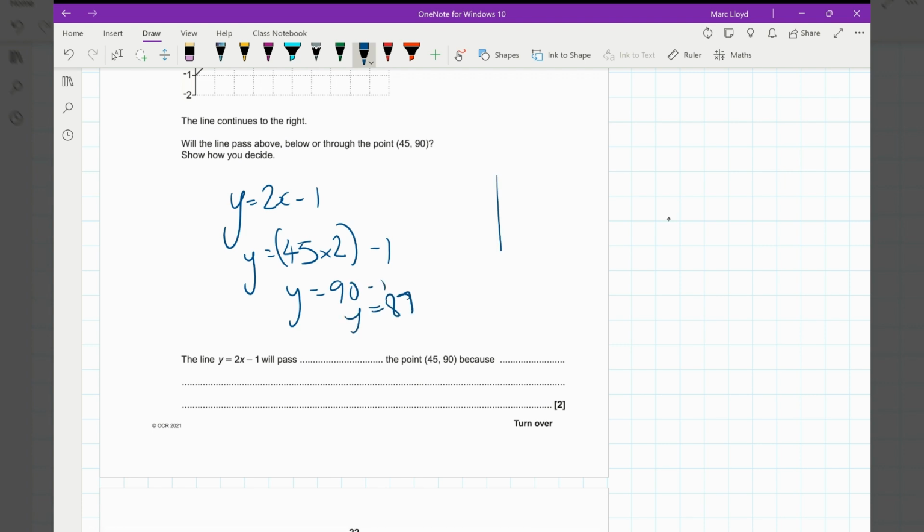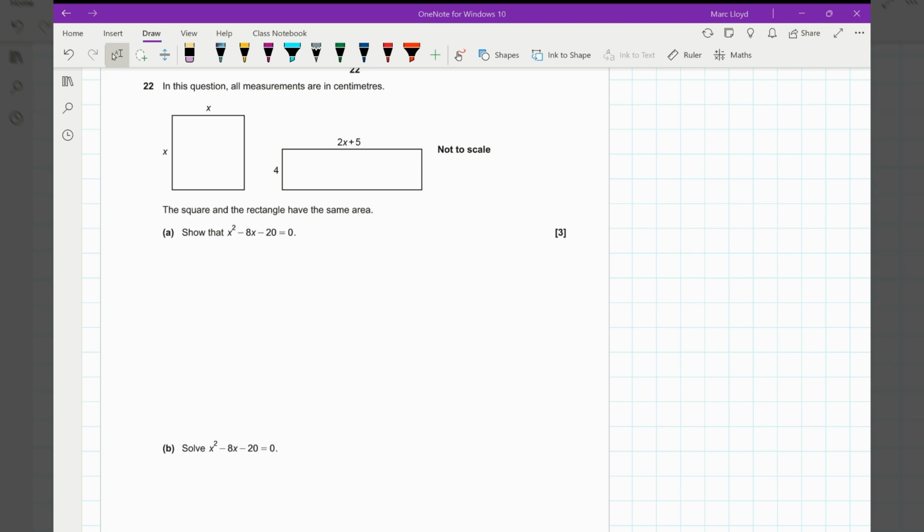So here we've got the point where the line will go through, at 89. And then that value above is 90, so it's going to go below, because when x is 45, y is 89. And that question is done.